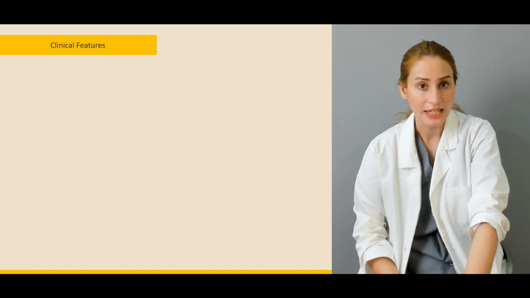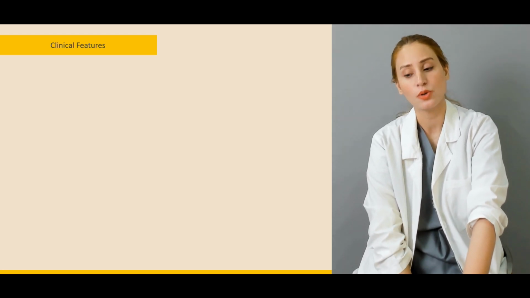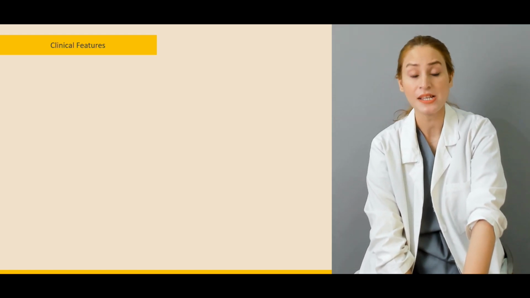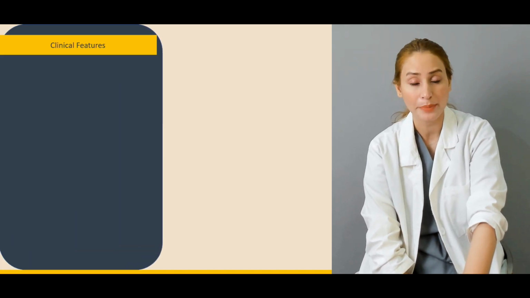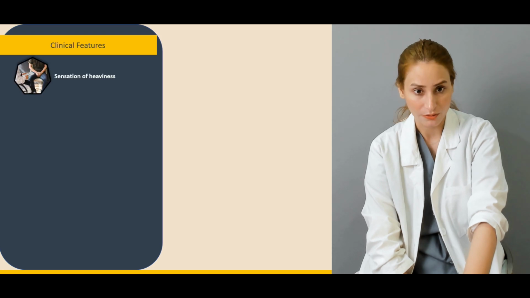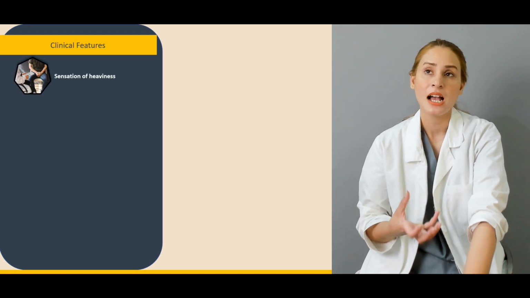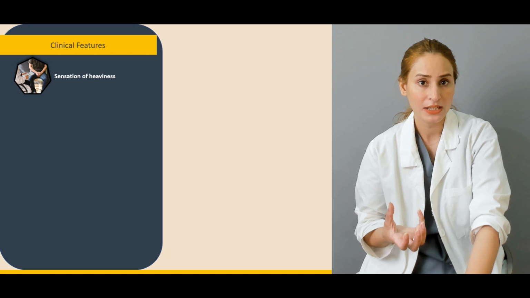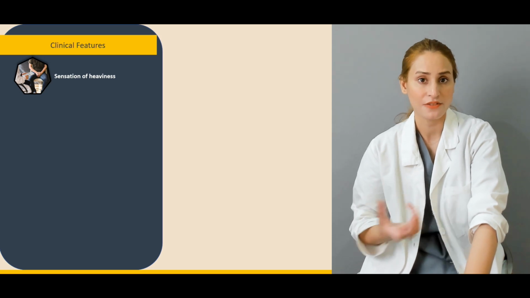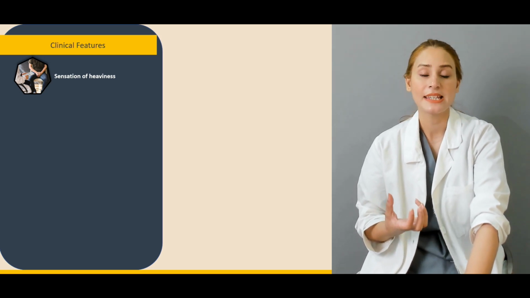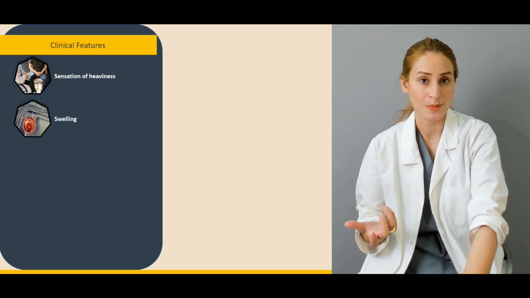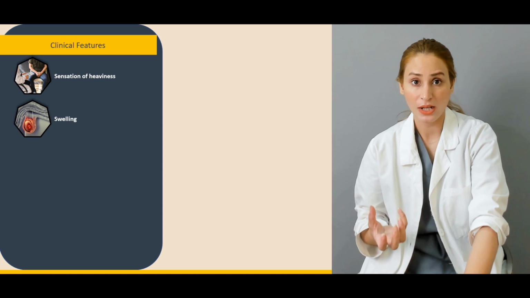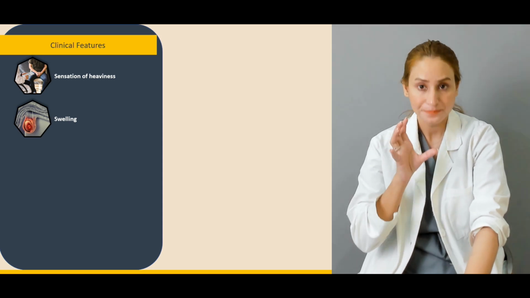But initially, in case of the testicular tumor, the patient will present to you with a painless swelling, right? That can develop a sensation of heaviness in a patient, and this sensation of heaviness can be a typical first presentation.